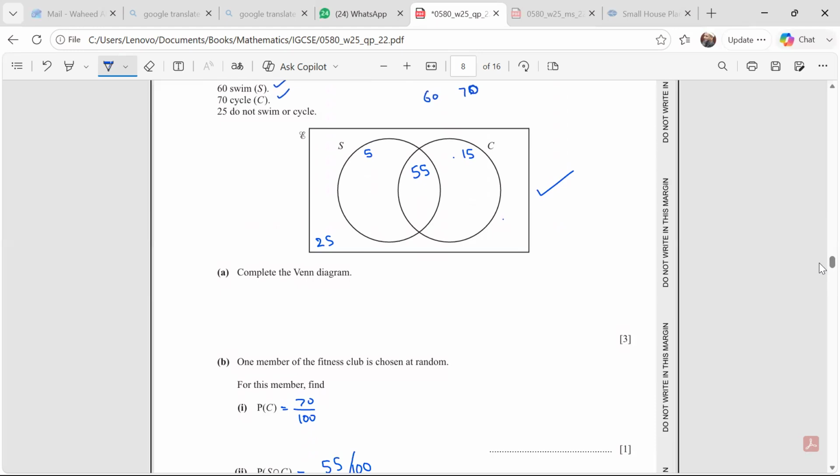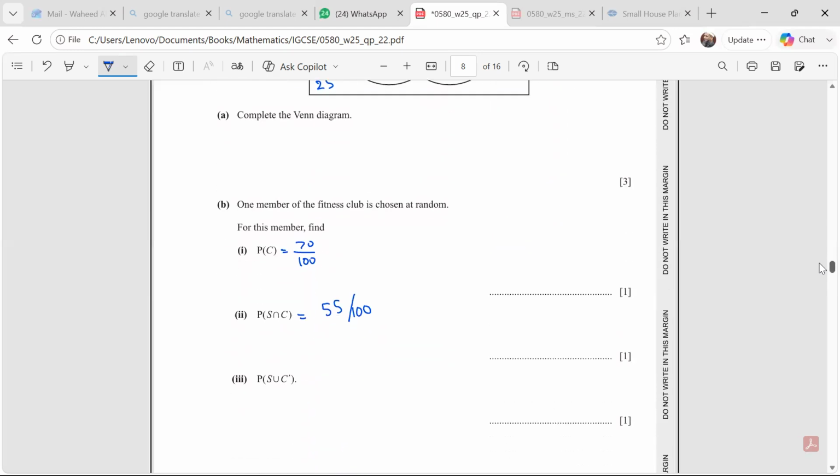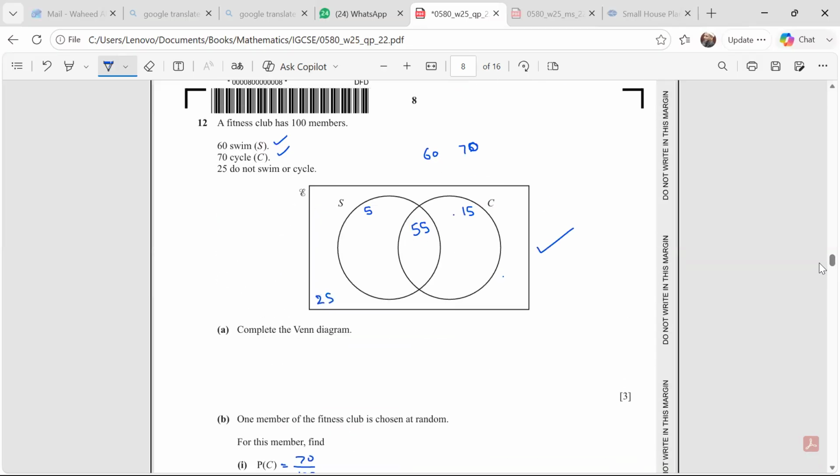So swimming, yes, swimming is all these, right? Which is 55 plus 5, this is 60, right? Now not in cycling, that would be 25.